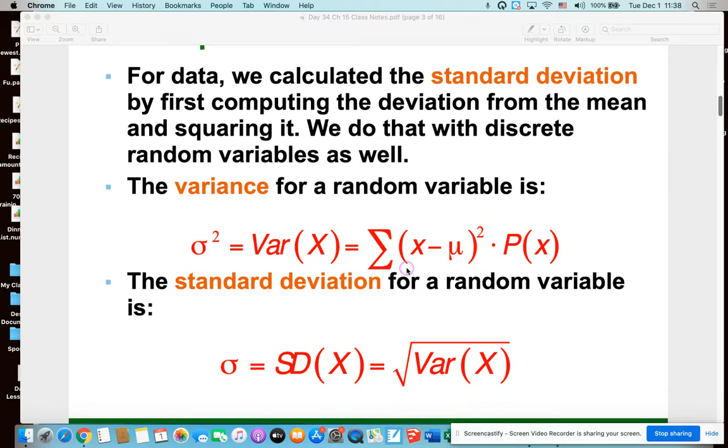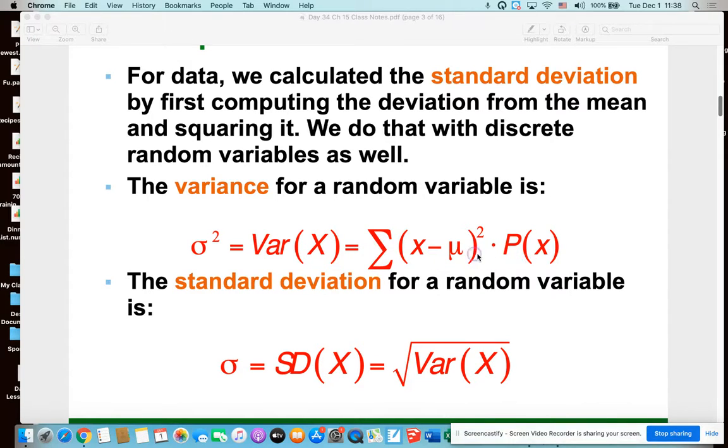You have a whole bunch of differences for every single point in your set, and you square them. But again, instead of dividing by how many I have total, which we did in the past, we are going to multiply by the probability of each event as we go along. Because when you divide by one number, you're saying that all of them are equally likely to happen. But now we're saying we're going to allow for the chance that one thing has a different probability of happening than another.